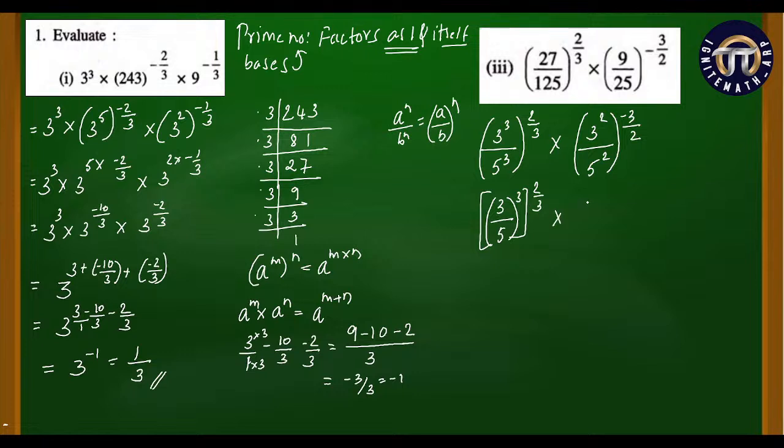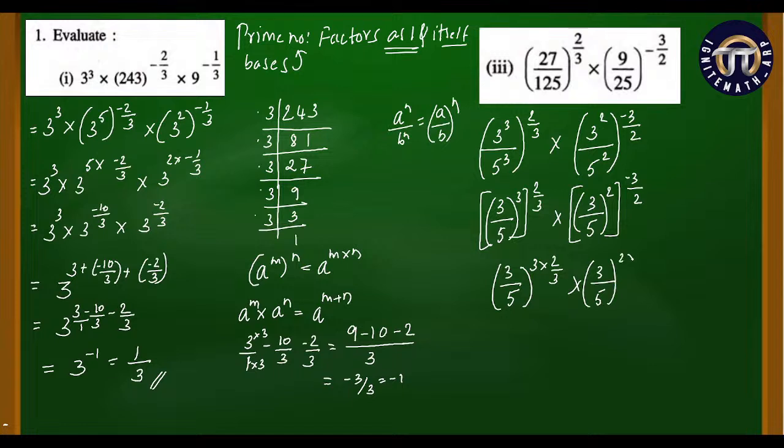Okay, later 3 by 5 to the power of 2 and to the power of minus 3 by 2. Again, I will apply the power law. When I apply the power law, this becomes 3 by 5 to the power of 3 into 2 by 3, into 3 by 5 to the power of 2 into minus 3 by 2.